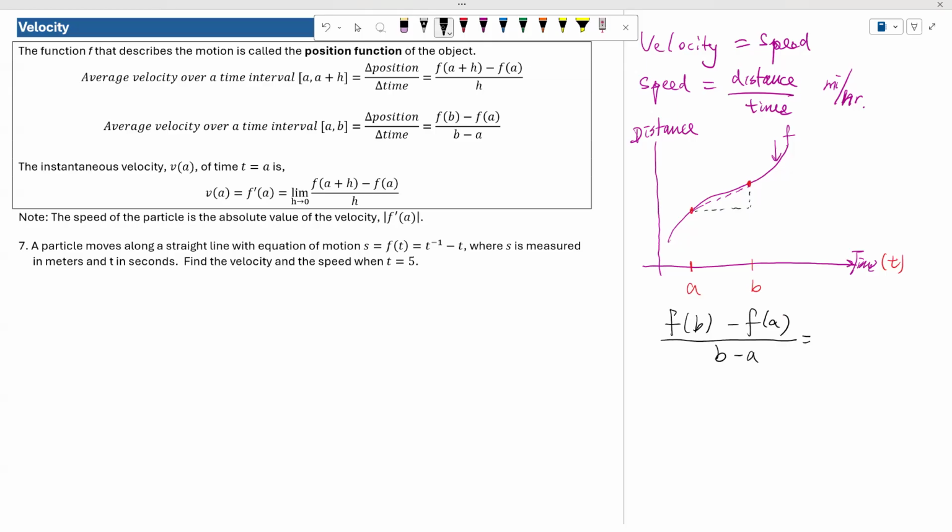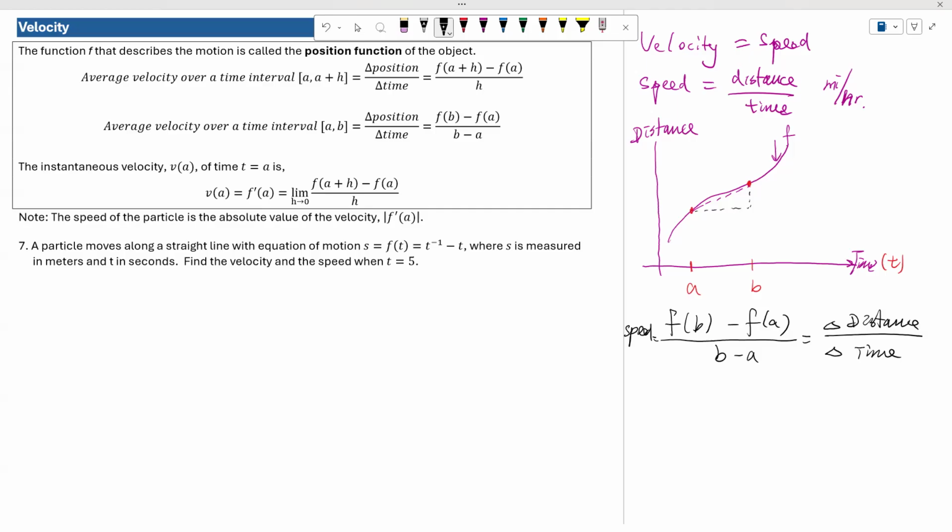And what is f of b minus f of a? It is the change in the distance. And what is b minus a? It is the change in time. So this is why speed or velocity is related to the average rate of change.